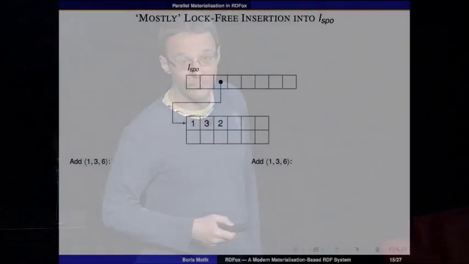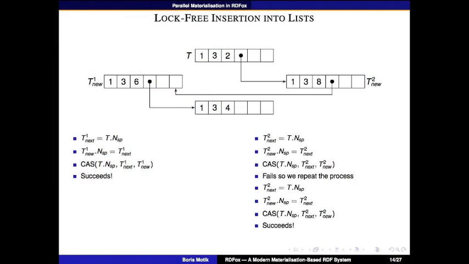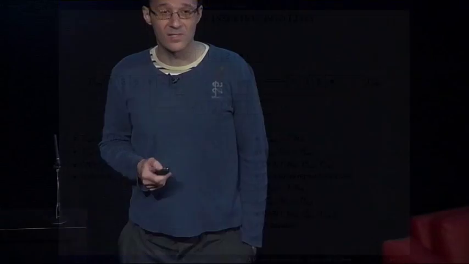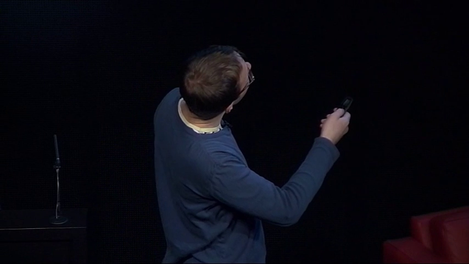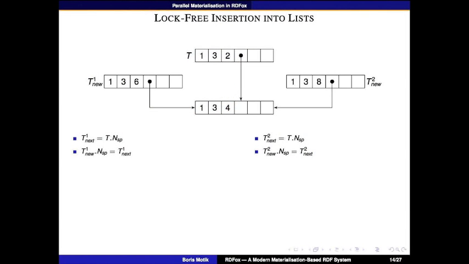Is this not a spin lock? Pardon? Is this not just an implementation of a spin lock? It's not a lock, no, because you see, there is no locking here. There is no locking because at any point, at least one thread will succeed entering this thing. So for example, let's assume you go here, and now this thread dies.